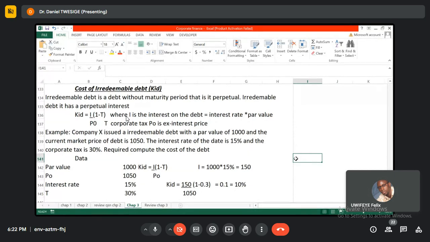The price is after the interest is paid. If the question had said the company has announced to pay interest, in that case, you would say that is a cum-interest price. But in this case, it's not saying that, so we're assuming that it is an ex-interest price.